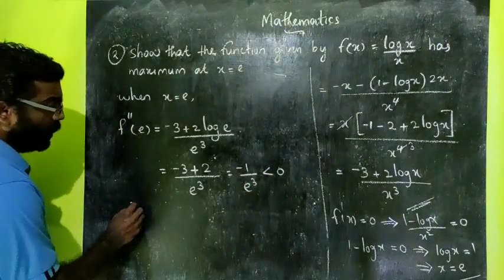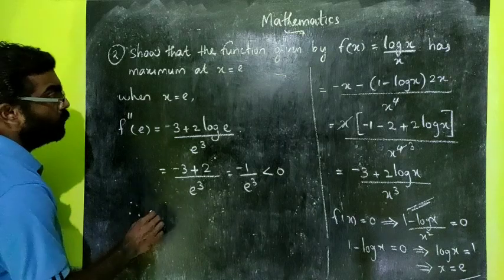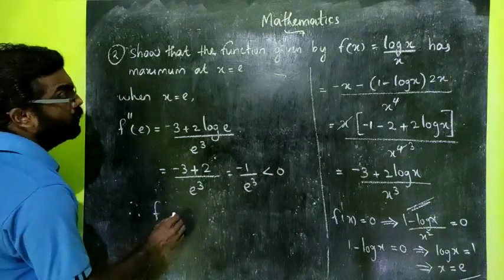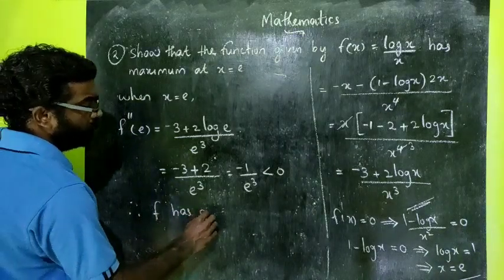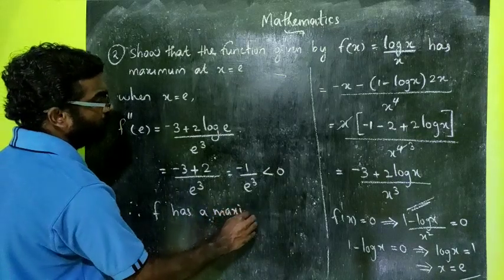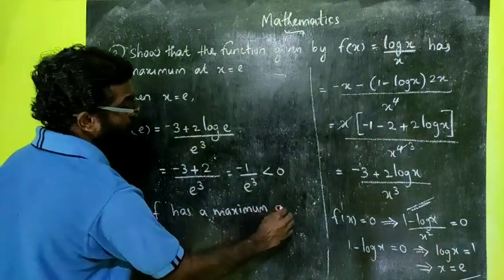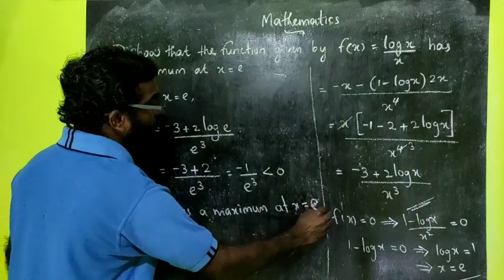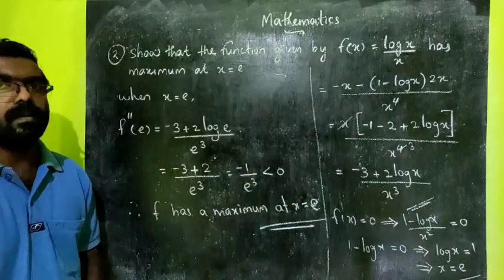Okay, therefore we can conclude, therefore f has a maximum at x is equal to e. Understood?